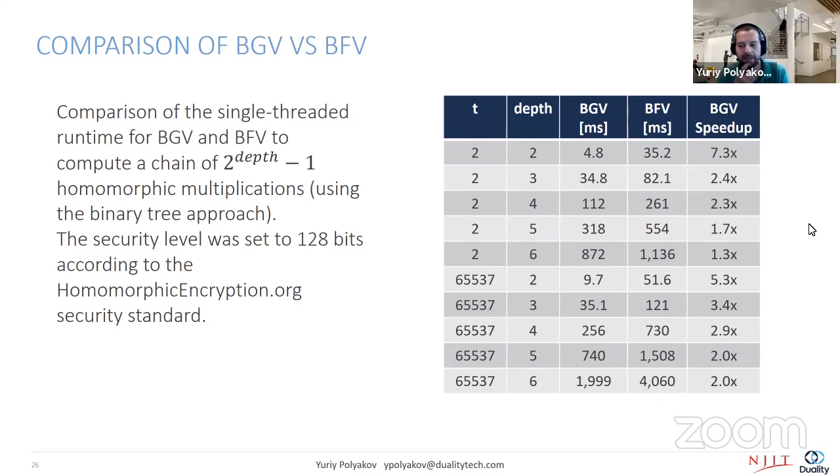So I would say the ratio is going to get closer to 1, and at some point even BFV might be more beneficial. But I did not run those experiments. It's a very good remark that for deeper computations the result might differ.